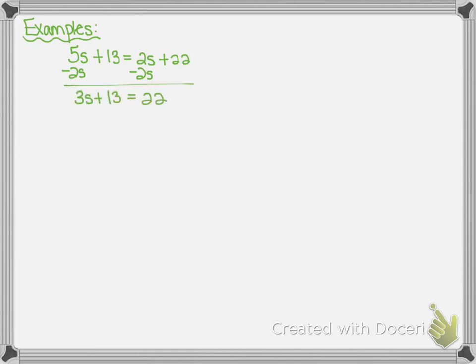When I do that, I now have 3s plus 13 equals 22. Still, I have one variable, so now I can move to adding or subtracting. I need to subtract 13 from both sides. I then have 3s equals 9. And finally, multiply or divide. I can divide both sides by 3. When I do so, s equals 3.